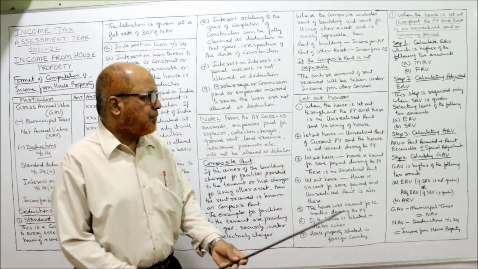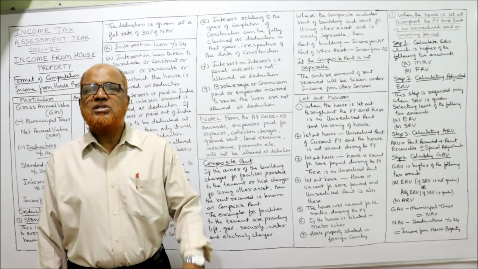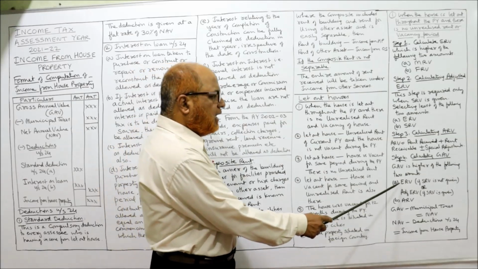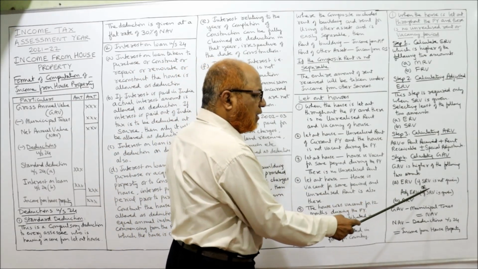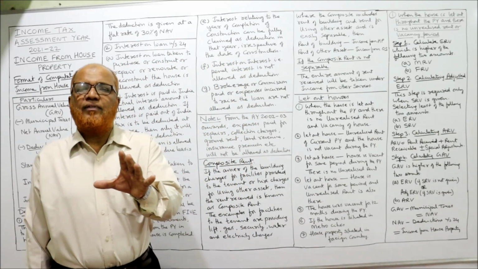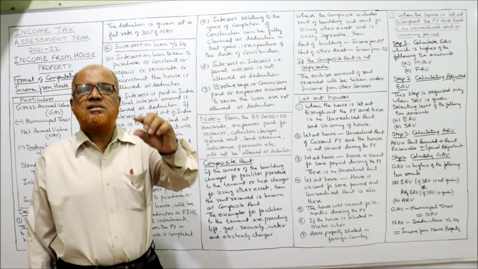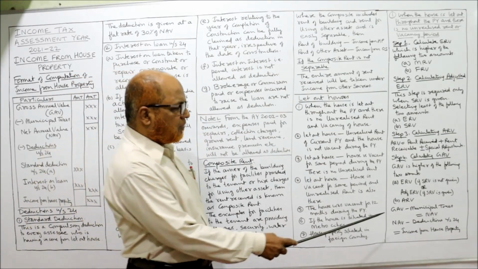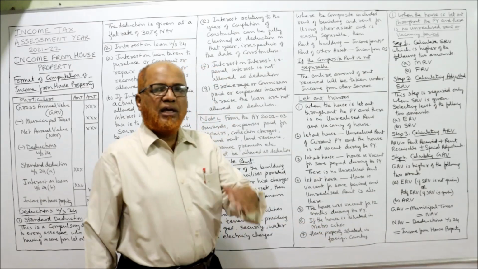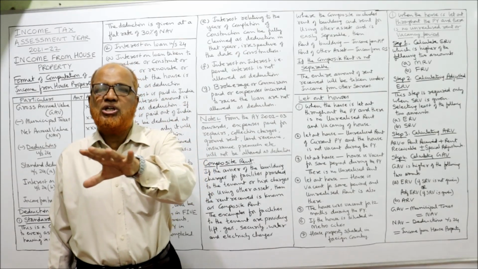Now, the fourth step, calculate the GAV, gross annual value, which is the higher of the following 2: ERV if SRV is not given, or adjusted ERV if SRV is given. If the house is not governed by the Rent Control Act, simply take ERV and ARV, whichever is higher, as the GAV.